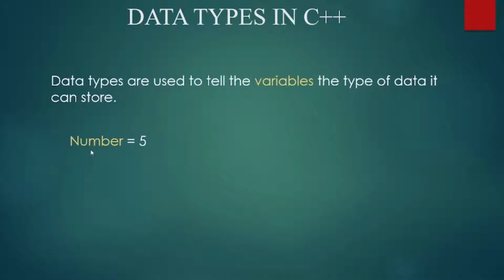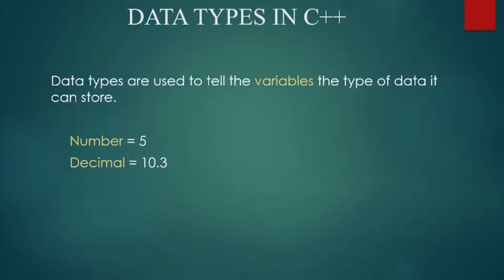Let's take another example. Here I have created a variable and given it the name decimal, and I am putting the value 10.3 inside this variable. So it means that the number variable is containing the value 5 and the decimal variable is containing the value 10.3.